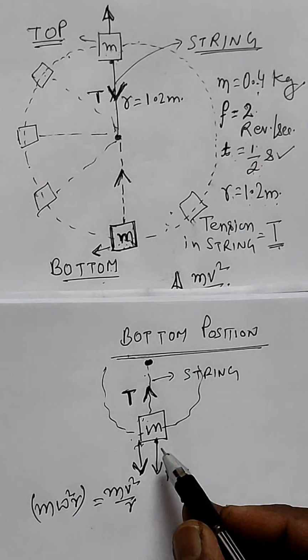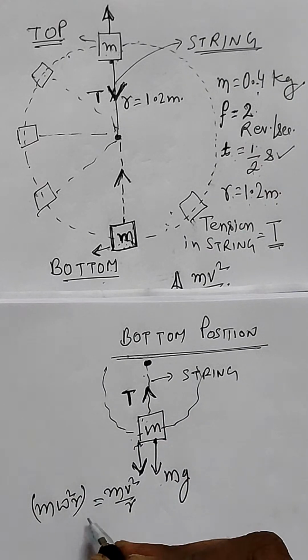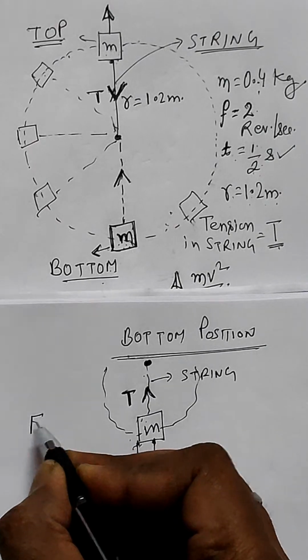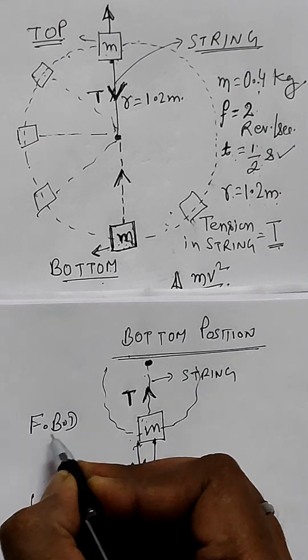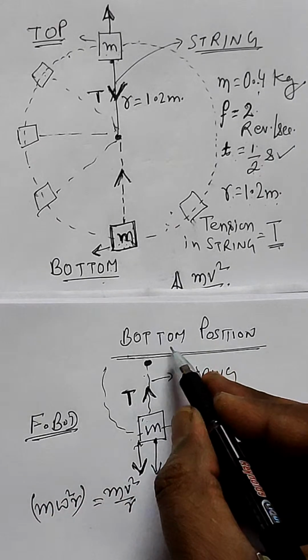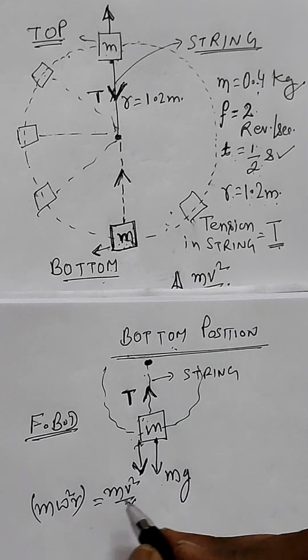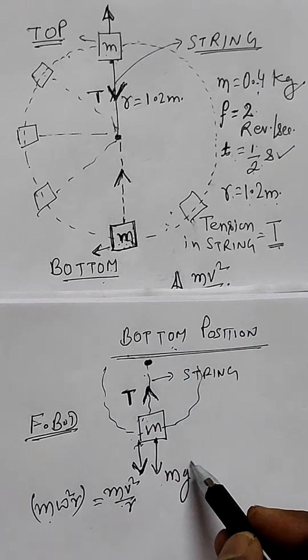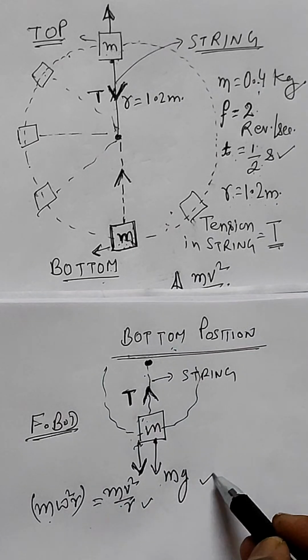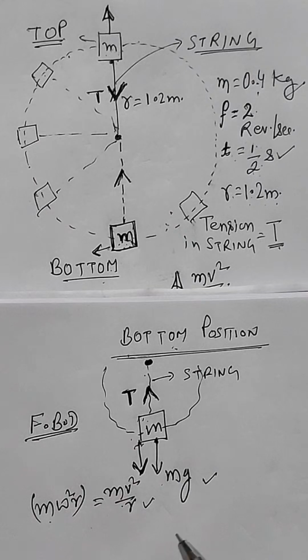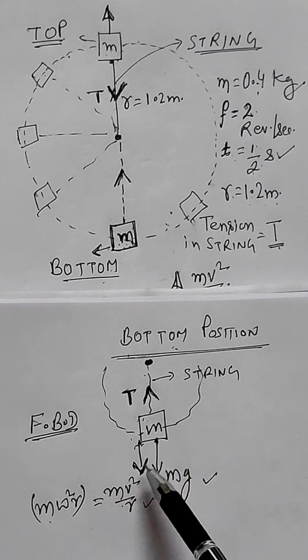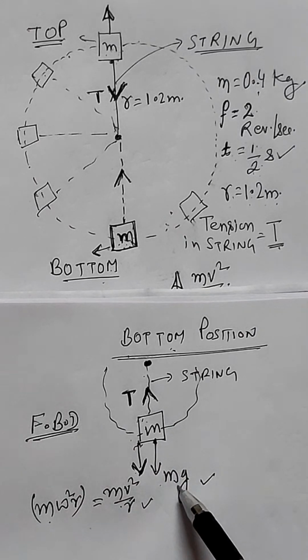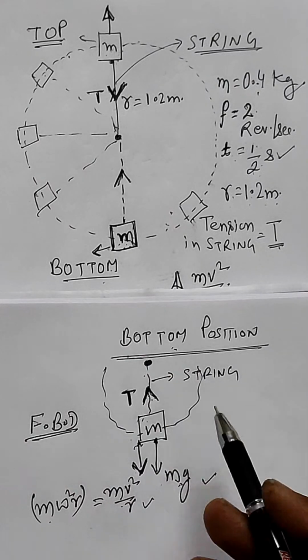Based upon this free body diagram, FBD, at the bottom position, we can derive that the total forces acting upward equal the total forces acting downward. The total force acting downward is mv square by r plus mg, and that is equal to T, which we need to calculate.